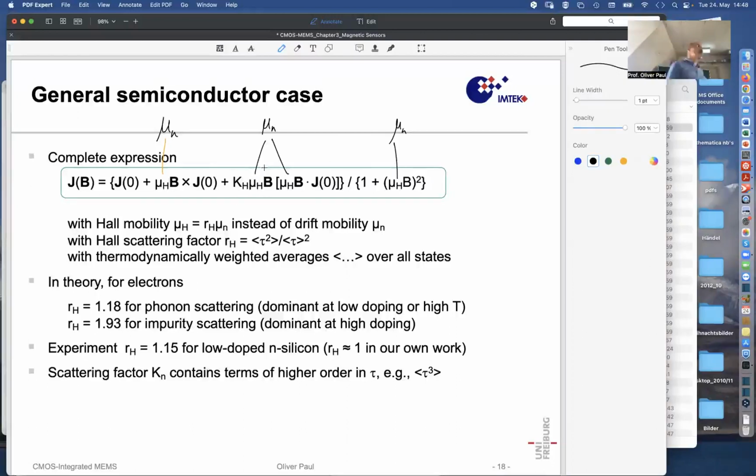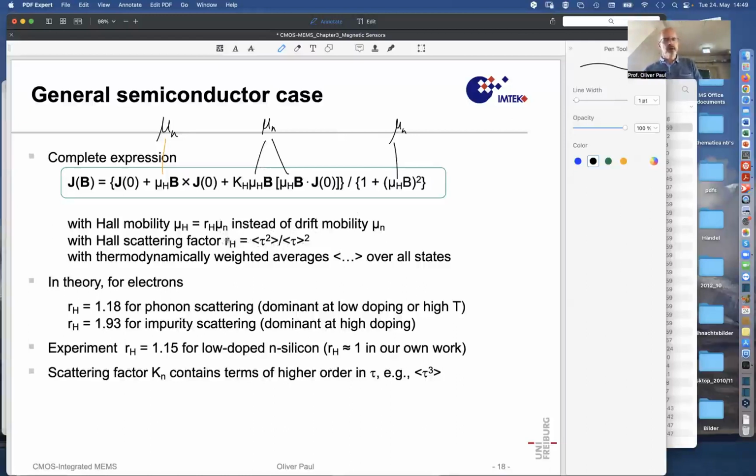If we were dealing with high mobility semiconductors in high fields, then the nonlinear effects would be strongly pronounced, and then we would have to think about it more closely. But this is CMOS technology, which means mostly silicon technology cores or sensor cores, and therefore k doesn't need to be specified so exactly.